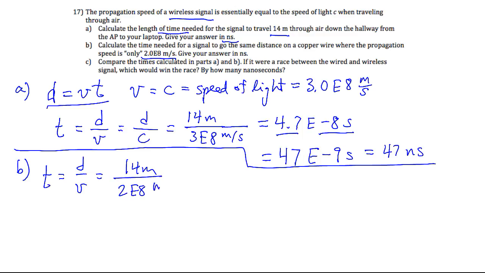Okay. And notice that I'm showing all the work here. I'm showing the equation I'm plugging into, and the numbers that I'm plugging in. 14 divided by 2 times 10 to the 8th equals, and I really do have to figure out how to put this into exponential notation on this calculator. I think I figured it out.